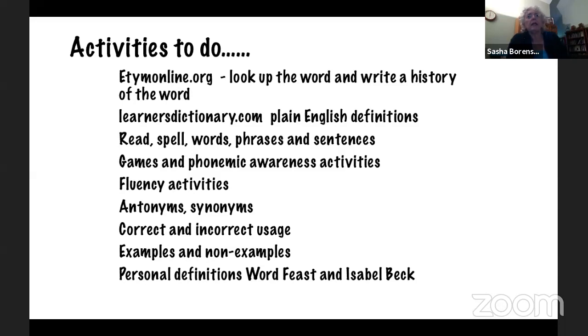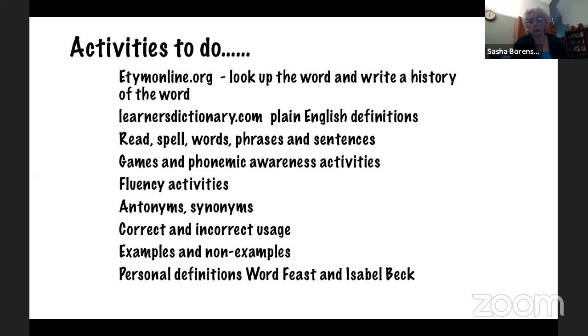Another thing is learnersdictionary.com. And the reason I like to use learnersdictionary.com is you can understand the definitions. Many, many times our students will look a word up because they don't know it and they don't understand the definition in the dictionary.